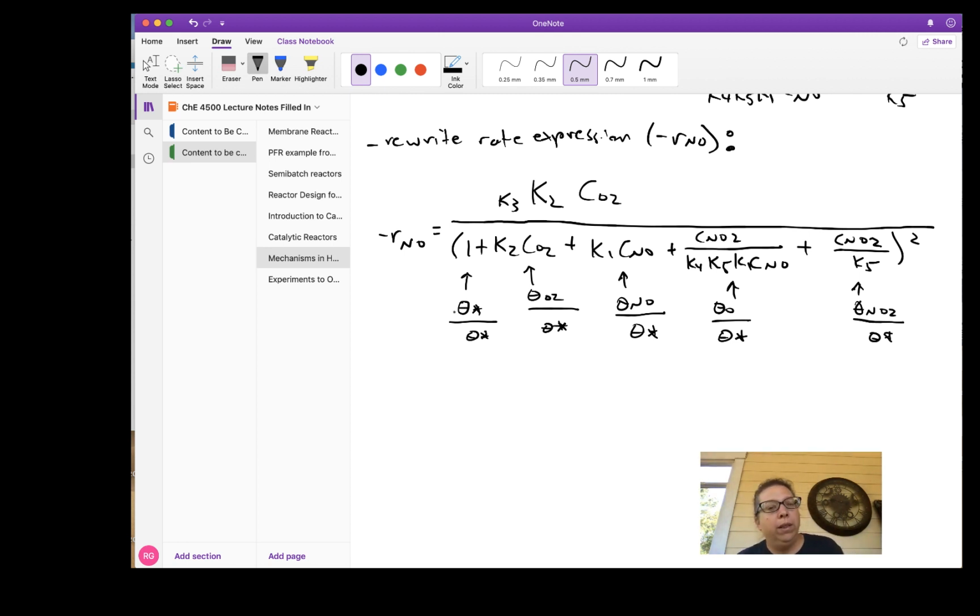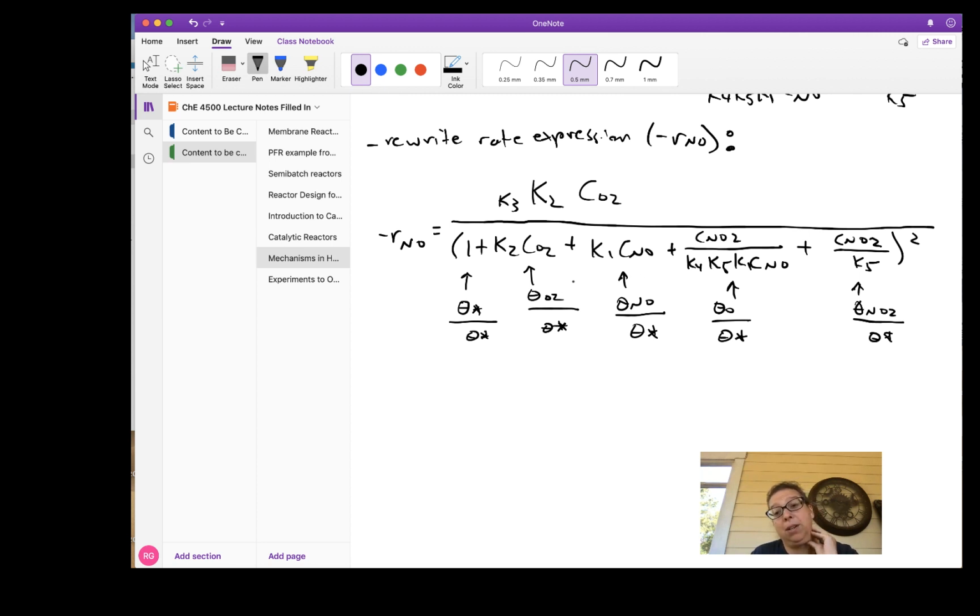So why this is important: this rate law obviously does not fit the experimental data. I need to do some manipulation of it. And when I do that manipulation, I'm going to make assumptions about the various coverages and how they're affecting the rate law. Some of the coverages I'm going to assume are very low, almost equal to 0, and so I'm going to knock those terms out of my denominator.